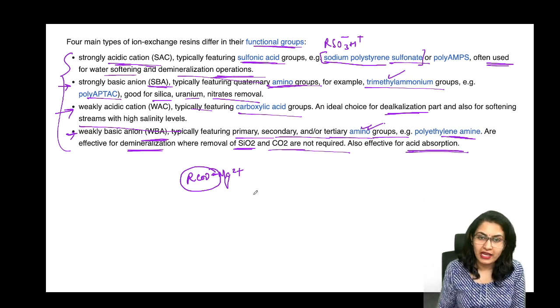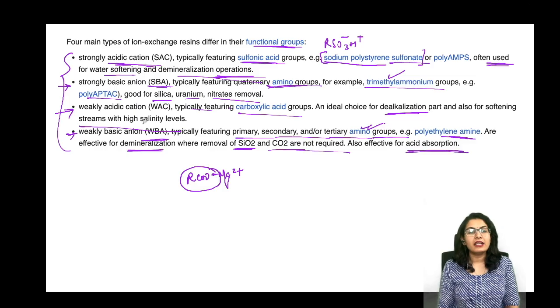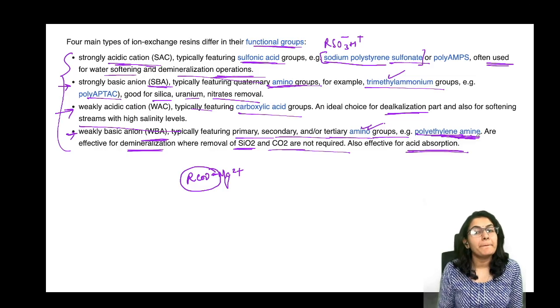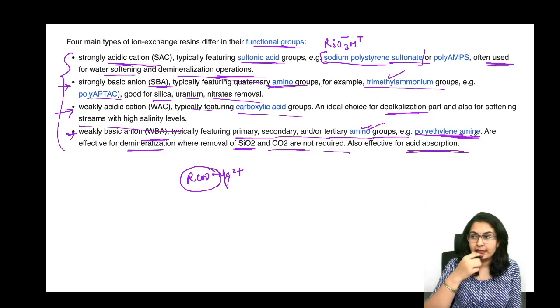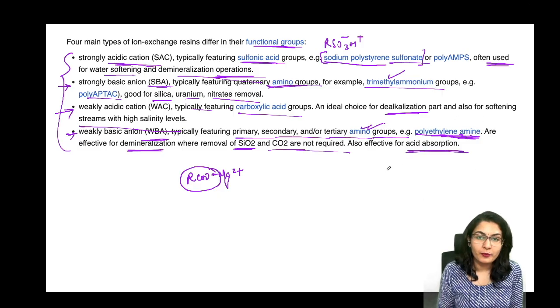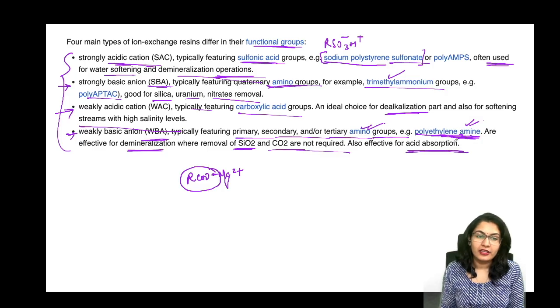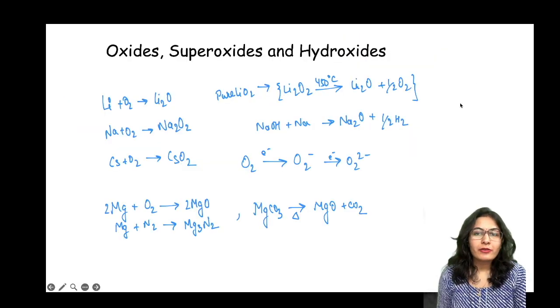Polyethylene amine basically gives you a soft medium, not a very strong medium. All of the earlier ones are strong bases having negative charge, but this one is a weak base and hence weakly basic anion.